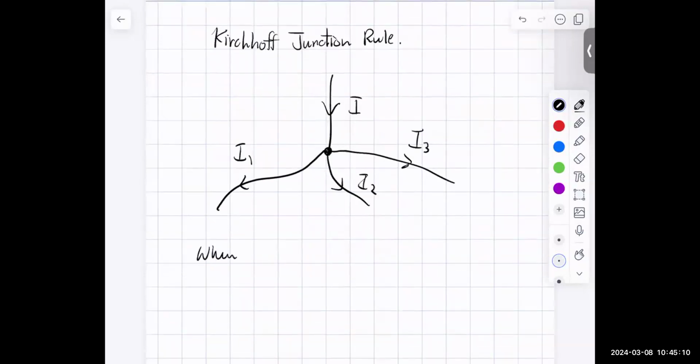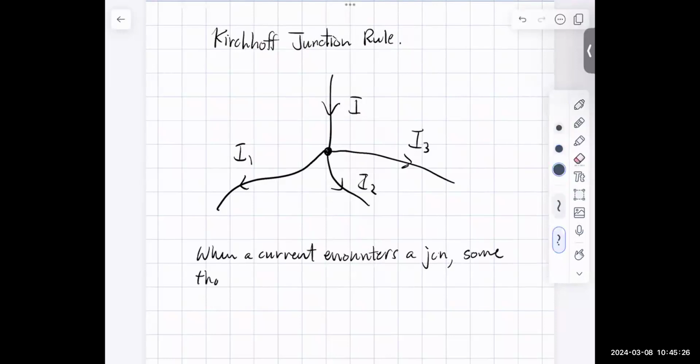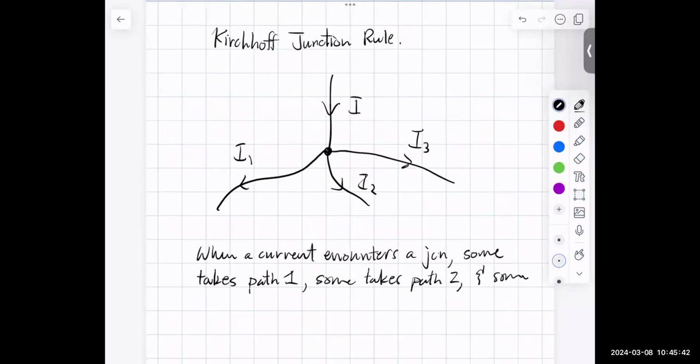So when a current encounters a junction, some takes path 1, some takes path 2, and some, in this example there are 3 paths, takes path 3.